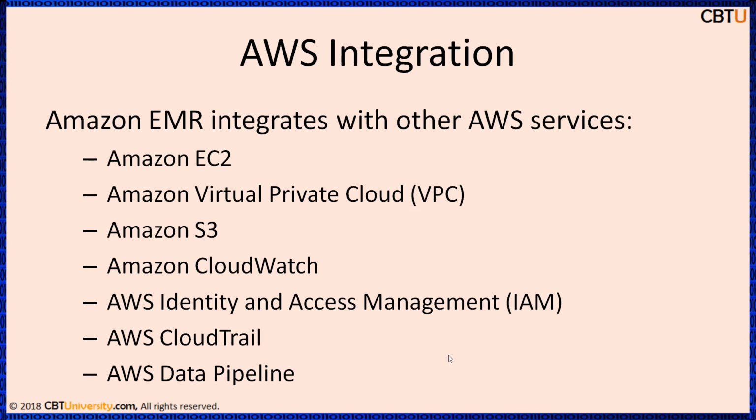The AWS services are Amazon EC2 for the instances that comprise the nodes in the cluster, Amazon Virtual Private Cloud, Amazon VPC, to configure the virtual network in which you launch your instances, Amazon S3 to store input and output data, Amazon CloudWatch to monitor cluster performance and configure alarms, AWS Identity and Access Management IAM to configure permissions, AWS CloudTrail to audit requests made to the service, AWS Data Pipeline to schedule and start your clusters, and many other services are well integrated with Amazon EMR.